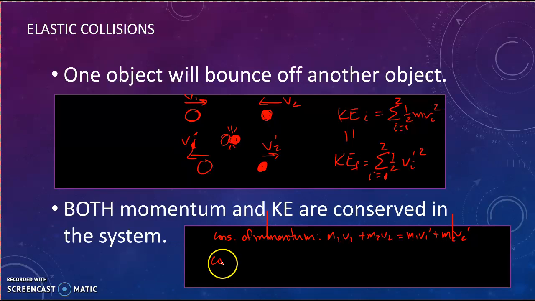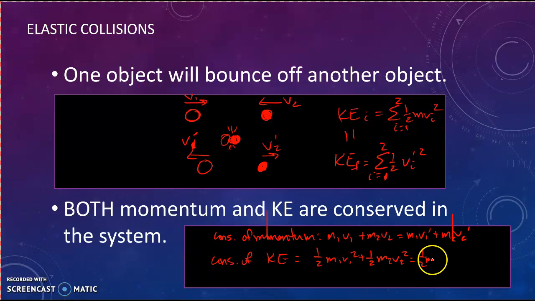And then we also have this conservation of kinetic energy. So 1/2 m1 v1 squared plus 1/2 m2 v2 squared will equal 1/2 m1 v1 prime squared plus 1/2 m2 v2 prime squared.